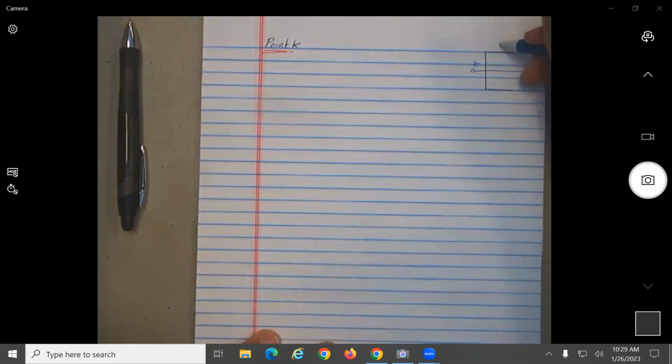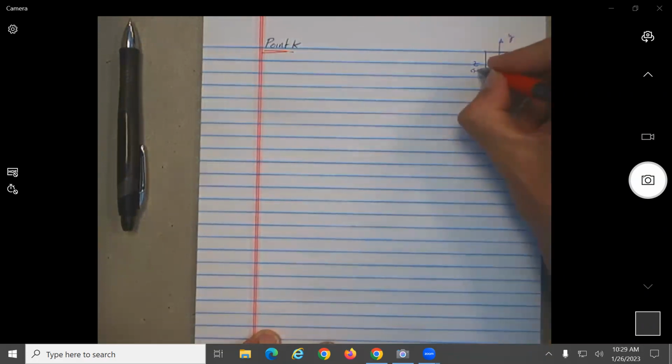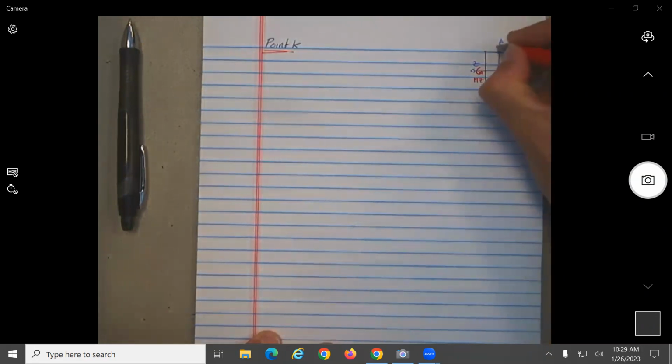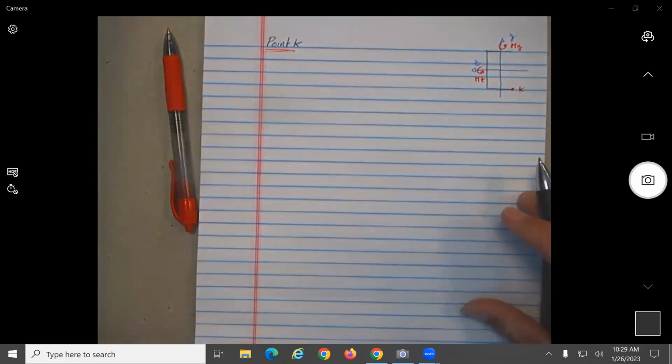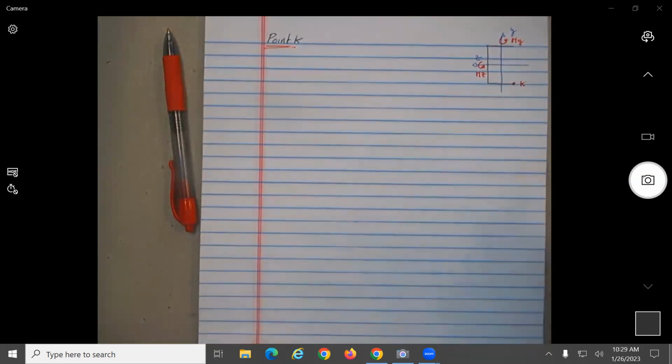This one should be pretty straightforward because this is point K, with axes Z and Y. Let's see what I got over here.